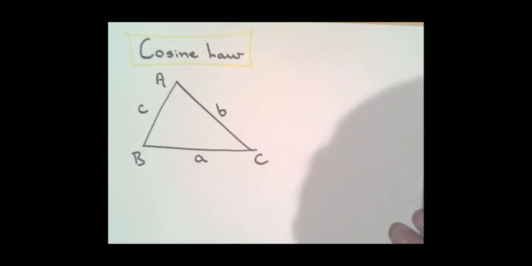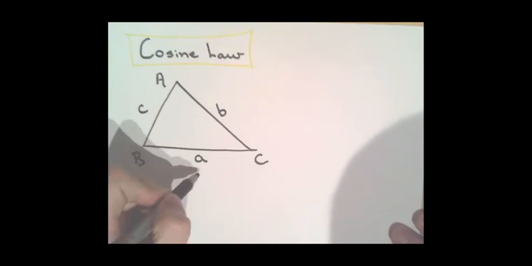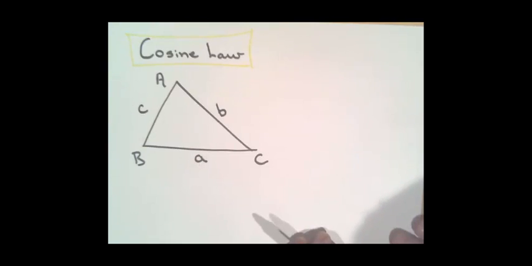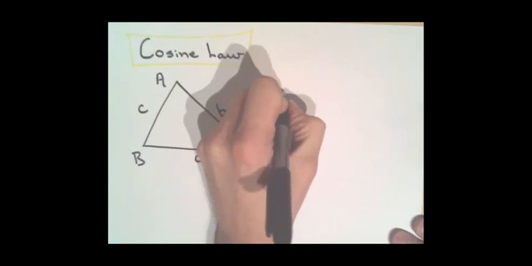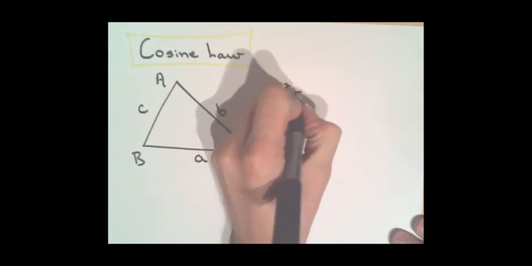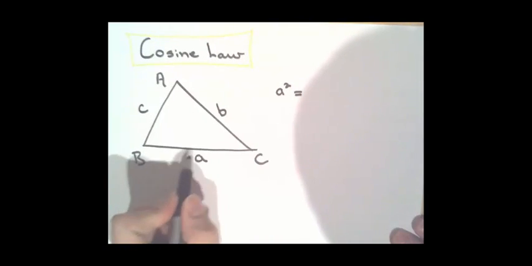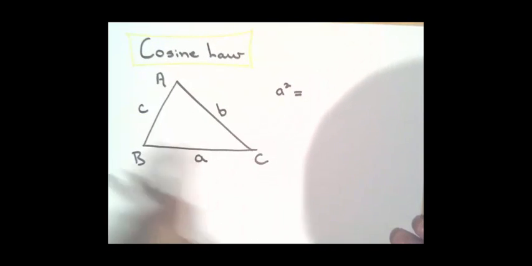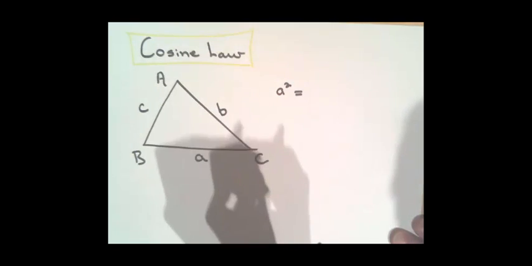So we use uppercase for angles and vertices and lowercase for sides. Let's say you want to find a relationship based off side a. Here's the cosine law for that. You take this side and you square it, and it relates to the other two sides like this.